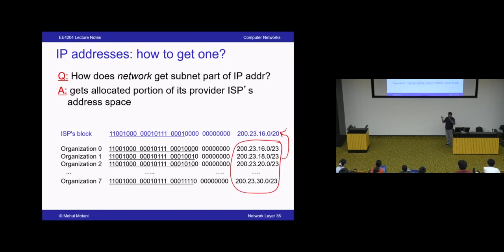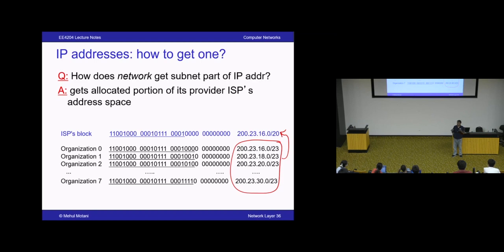You can do it either way, right? Breaking it up is easy, and aggregation is not that difficult. You just need to look at the ranges and find the common prefix. If you looked at those 8 sets of addresses and looked for the common prefix, you see that there are 20 bits in common, and those 20 bits are the aggregation. Okay, good. We'll do some examples of this.